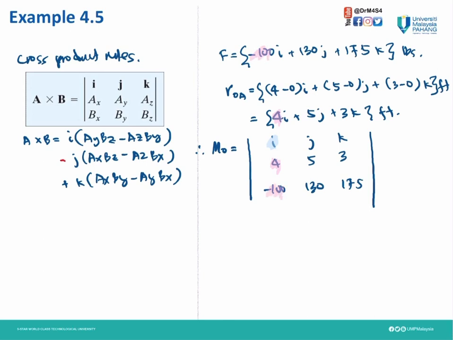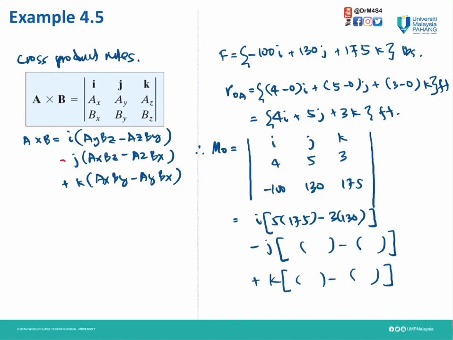So on J, 5 on position vector, then 130 for force. Then for K, 3 for position vector and 175 for force. So expand this, then we can get our MO.